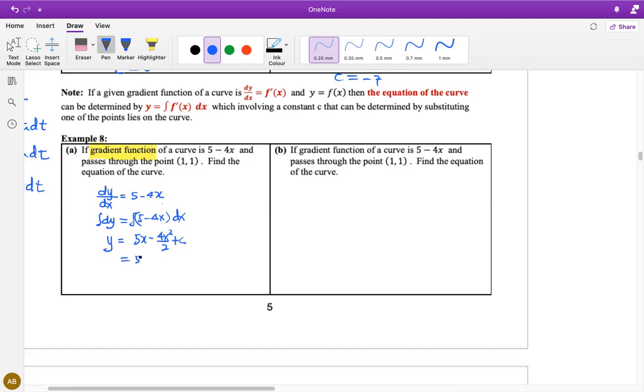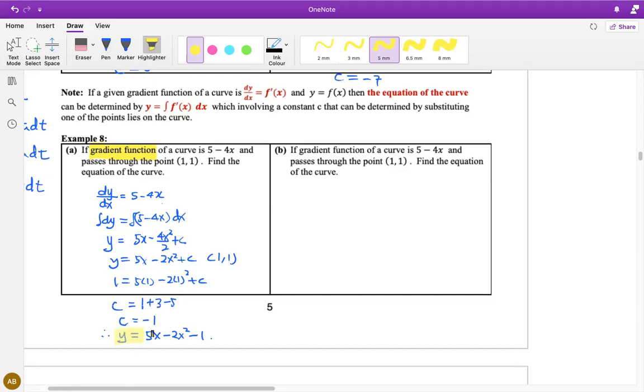So you get 5x minus 2x squared plus c. Okay, it passes through (1, 1). So I put in 1 here: 5 times 1 minus 2 times 1 squared plus c. So I will get c equals 1 plus 3 minus 5, so c equals negative 1. Therefore, my equation of the curve is y equals 5x minus 2x squared minus 1.